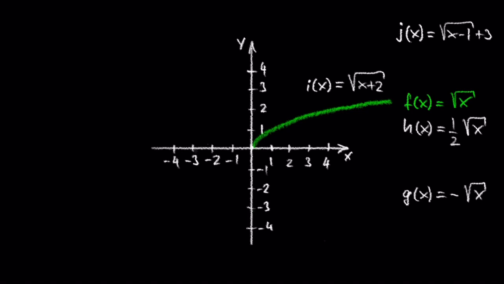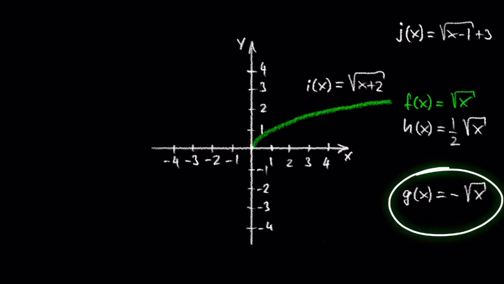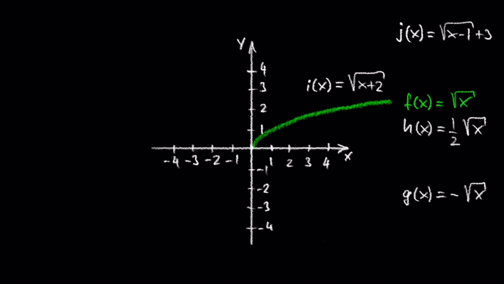What does it mean when we have a negative sign in front of the square root? It means that we first take the square root and then we put a negative sign in front of the output. So, for example, the square root of 4 is 2, and when we put a negative sign in front, we get a negative 2.